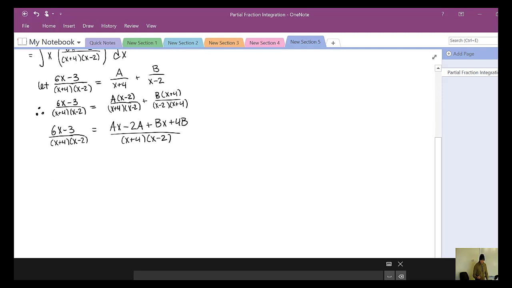So then we can say 6x minus 3 is equal to ax plus bx minus 2a plus 4b.